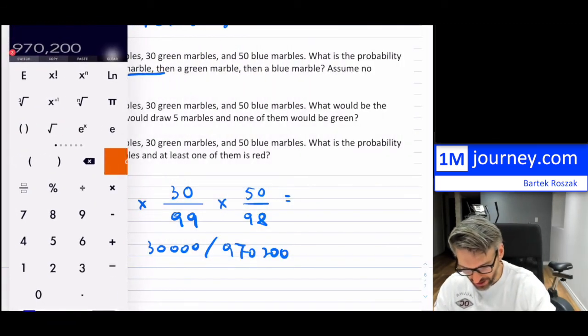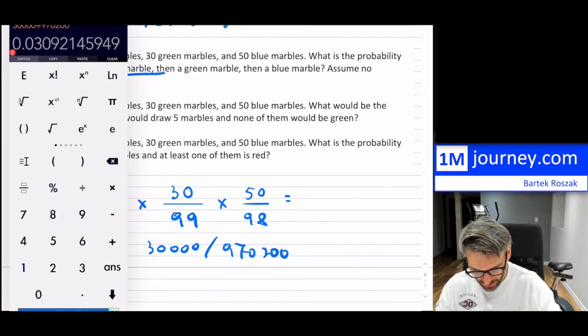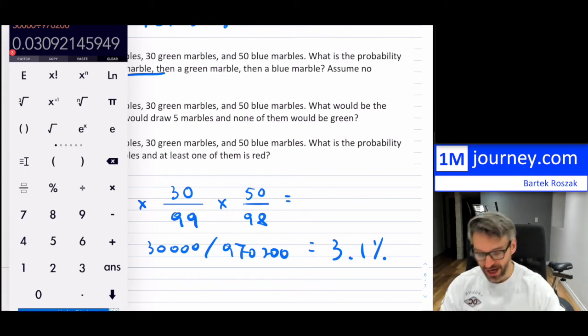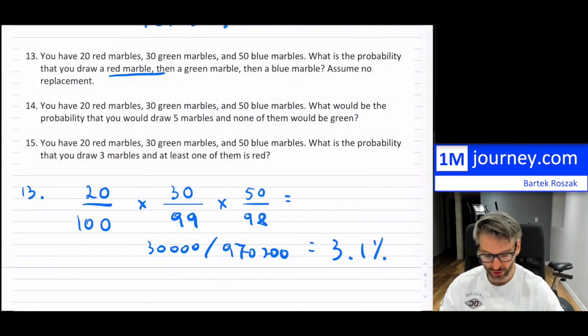Now we can divide the two, and we get approximately, so this is not a very big probability, let's say approximately 3.1%, rounded. That's your probability of actually doing this in order, and we're assuming no replacement.